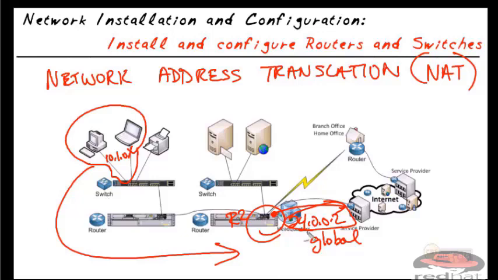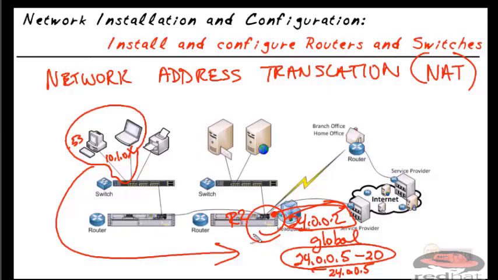So for example, let's say that the service provider gave us 24.0.0.5 through 20. So they gave us this pool of addresses, all globally routable. And every time a PC goes out to the internet, this router is going to say, oh, you're coming from 10.1.0.53. I will remember that, and I'll translate that over to 24.0.0.5.